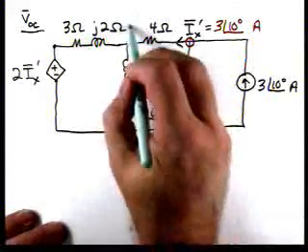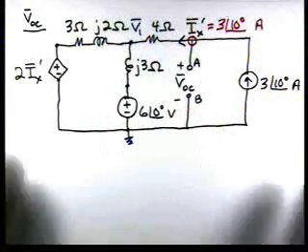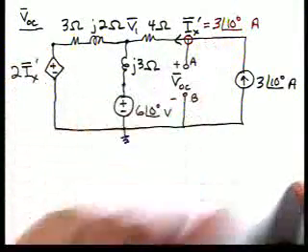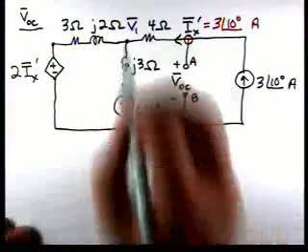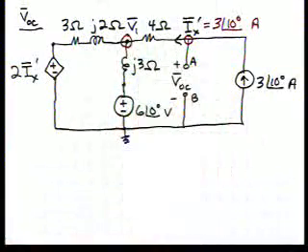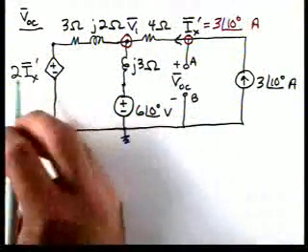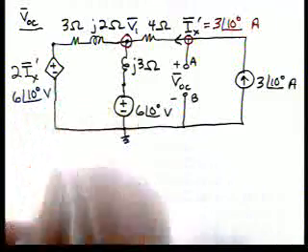We really only have one unknown node voltage, V1, at the top, because this node voltage is known. We know that current, and this node voltage is known. So we just need to apply KCL. For instance, this voltage here is 6 at an angle of 10 degrees.